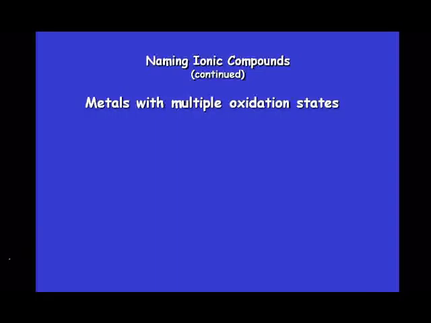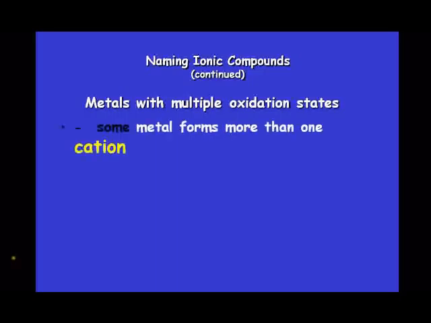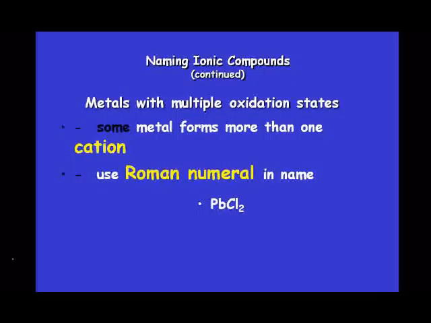If we have metals that form multiple oxidation states, or metals that form multiple ions, we're going to use Roman numerals in the name. So PbCl2. This is going to take a little bit of work because we're going to have to work backwards. Now, we know that there's one lead and two chlorines.